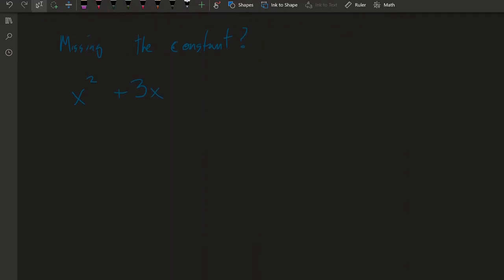The first way is to ask yourself, if the constant is missing, what number can go right here without changing it? Hopefully you're thinking, that's 0. So I could say that this is x squared plus 3x plus 0.